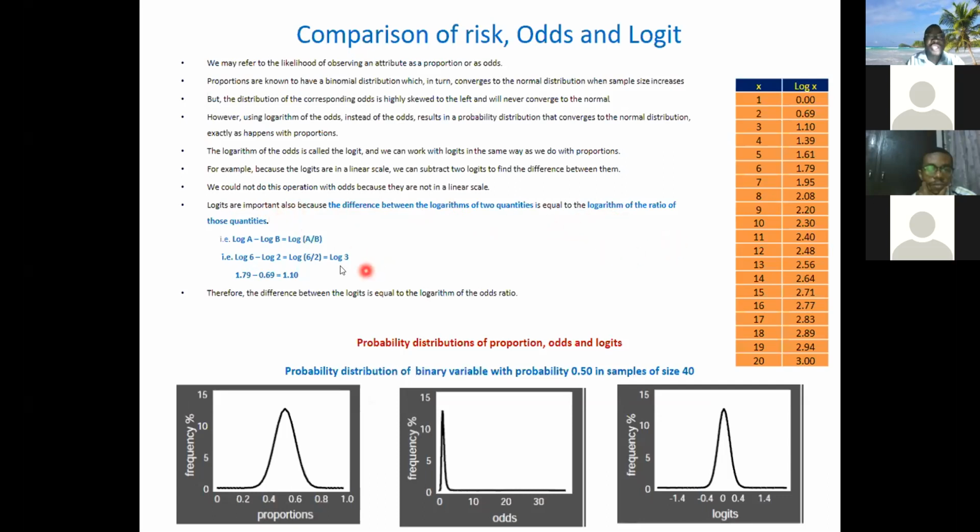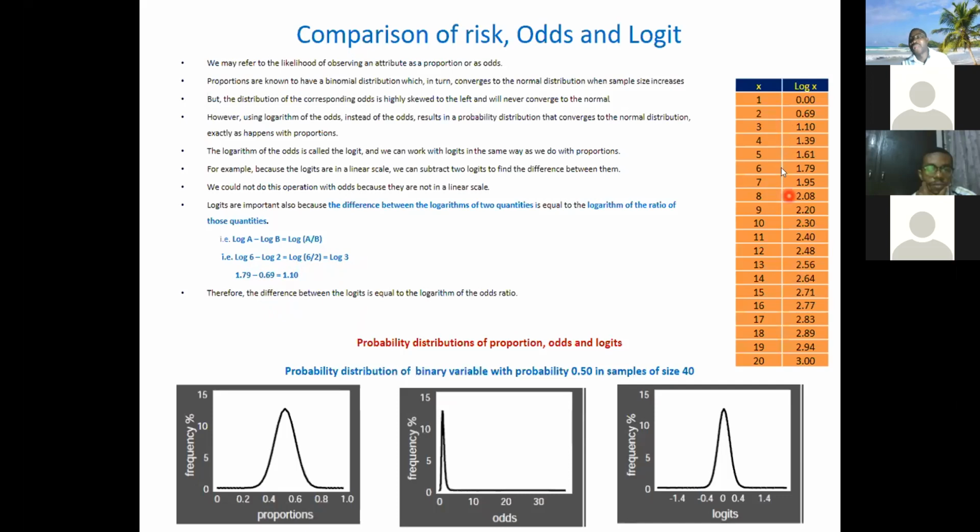For example, logarithm of A minus logarithm of B is the same thing as logarithm of A over B. That is, if you calculate logarithm of A and logarithm of B and subtract them, it's the same thing as the logarithm of A over B. For example, logarithm of 6 minus logarithm of 2 gives you the same answer as logarithm of 3, which is 6 over 2.